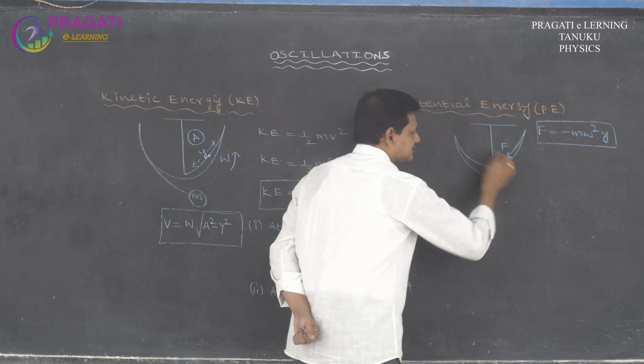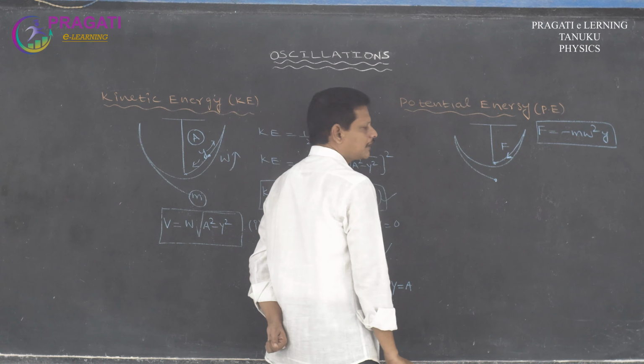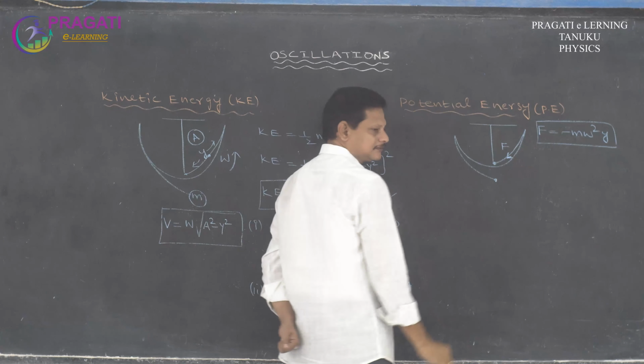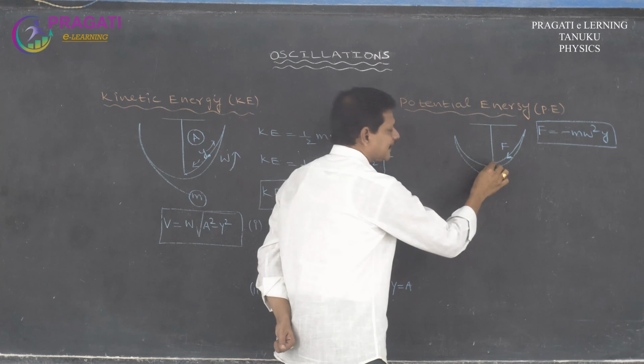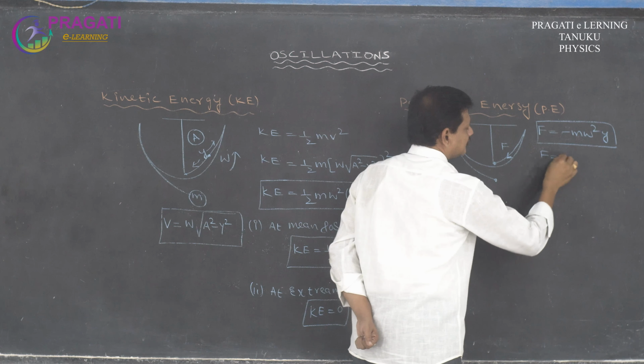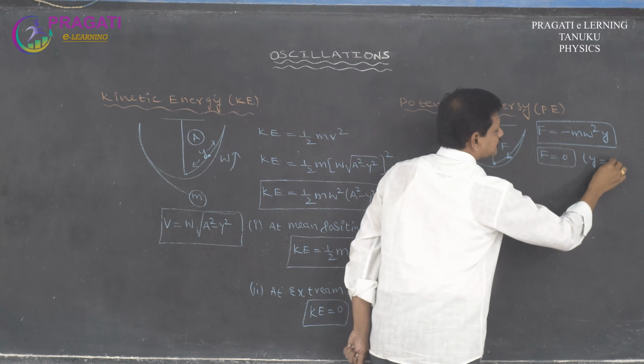So during oscillation, the average force acting on the particle changes, because the value of force changes from mean position to extreme position. The force acting on the particle at mean position, F is equal to 0, since at mean position y is equal to 0.